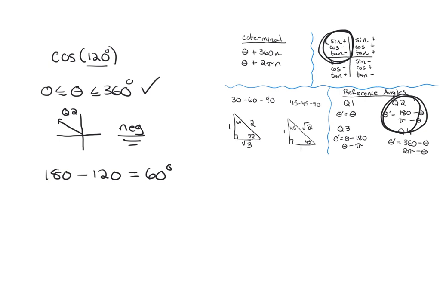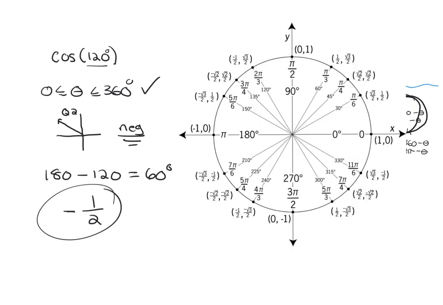So I'm using 60 degrees on my right triangle. So cosine of 60 is adjacent over hypotenuse, 1 over 2, but we just have to remember that it is negative. And now, having the unit circle memorized, maybe you in your head knew that at 120 degrees, cosine is the x value, which is negative 1/2.